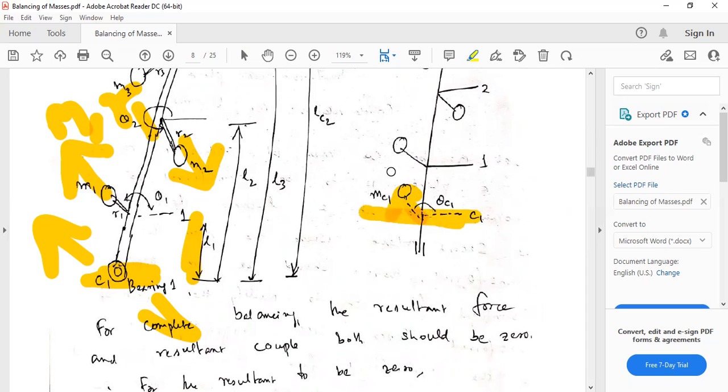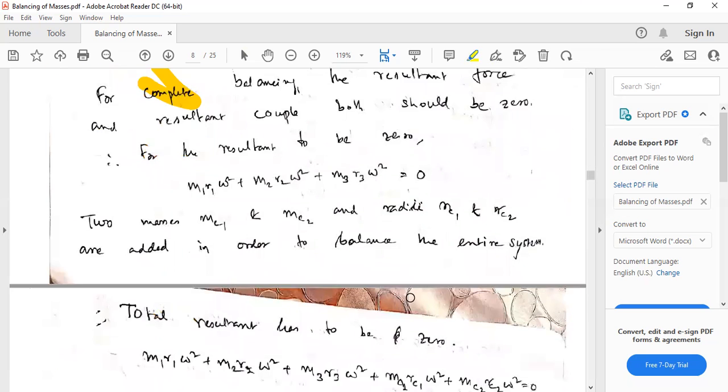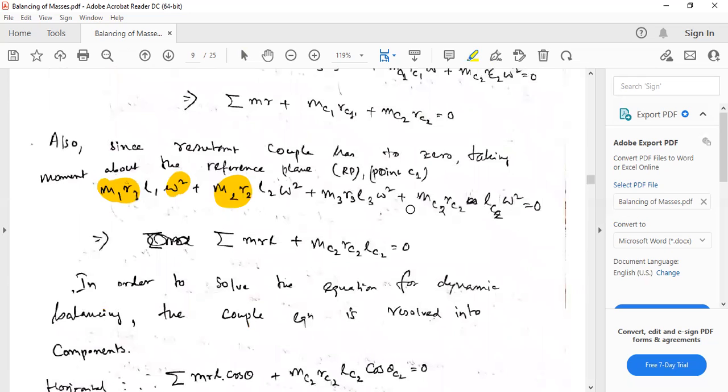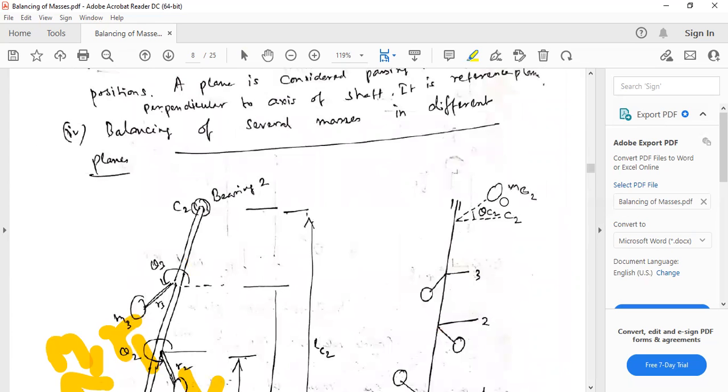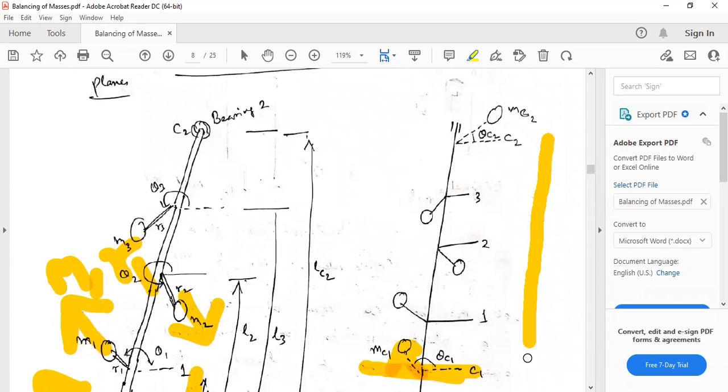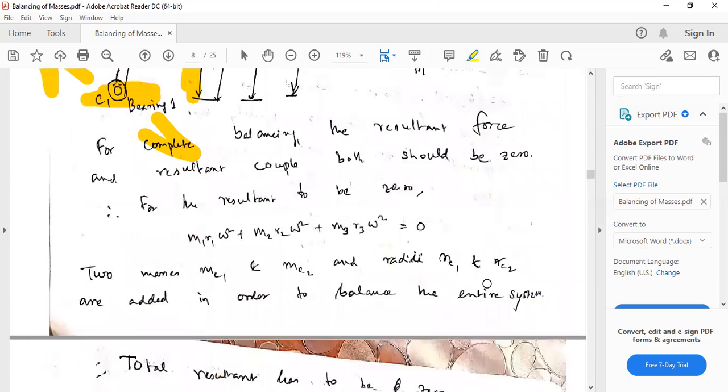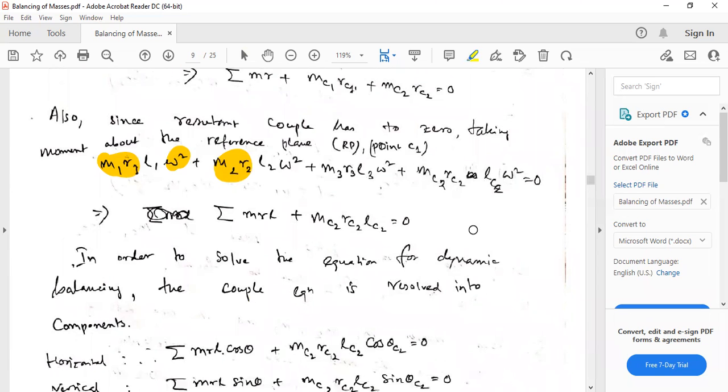So mc1 rc1 omega square multiplied by 0, because we have not transferred this anywhere else, so that part is not written. But mc2 rc2 lc2 is there. This mc2 is at a distance of lc2, so this is written here.